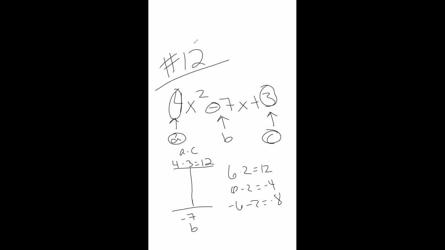It's just not going to work, whether you do negatives or positives. So then let's try, we know that 4 times 3 is 12. That's how we got to 12, right? So we know that 4 times 3 equals 12. We know that 4 plus 3 equals 7, but we need it to be negative 7. So just turn them into negatives.